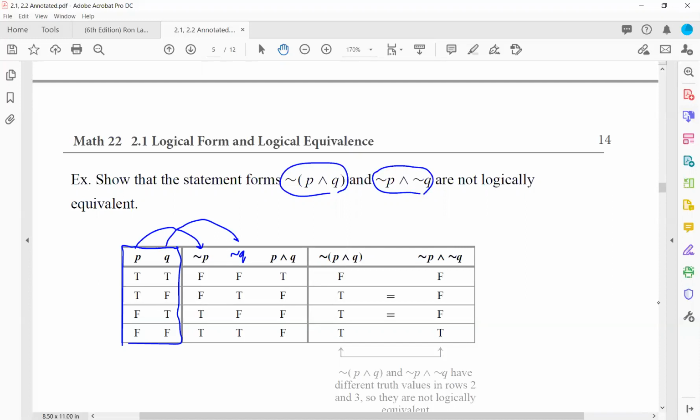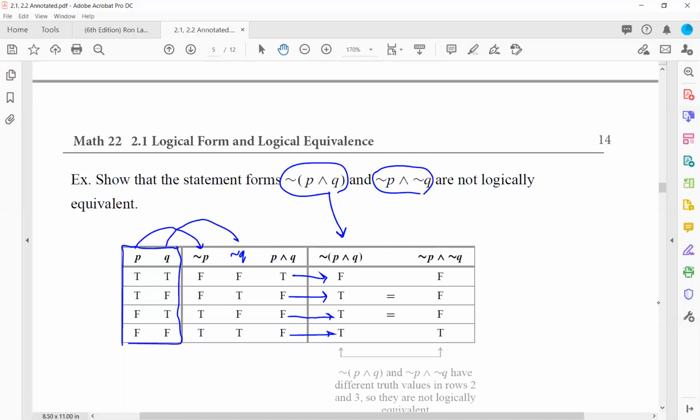Okay, true, true, true. True and false, false. False and true, false. False and false, false. The negation of true, false, false, false is false, true, true, true. So this is the truth table for not (P and Q).